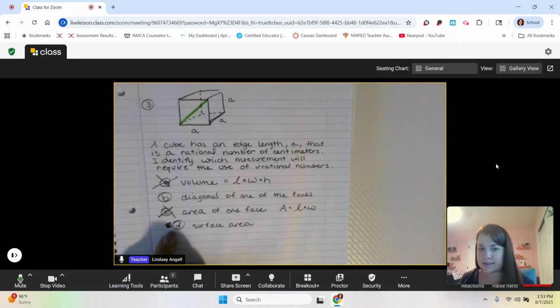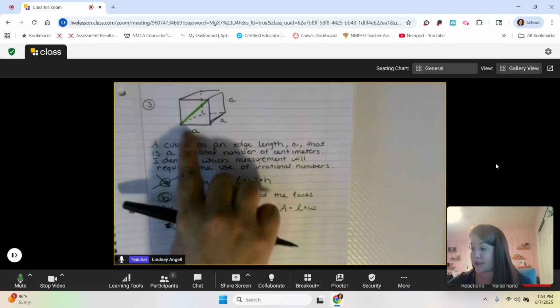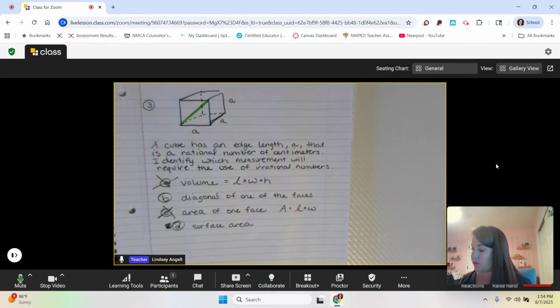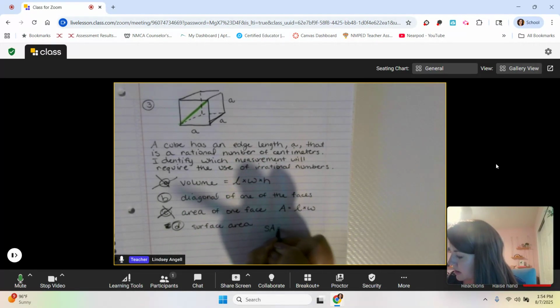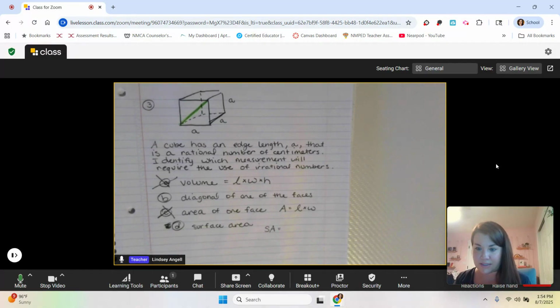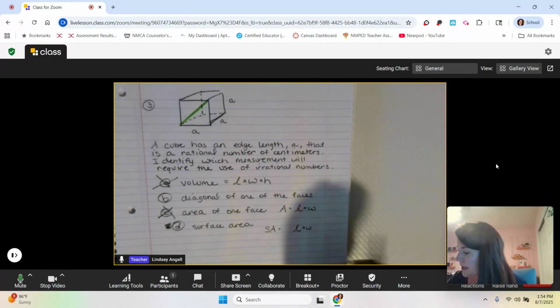And then D. D is surface area of the cube. Well, surface area, all I need to know is the length of A for that, and those are all rational numbers. So the formula for that could be, let's see, we'll just call it surface area. Well, the area of one of the faces was length times width, so we could say length times width.